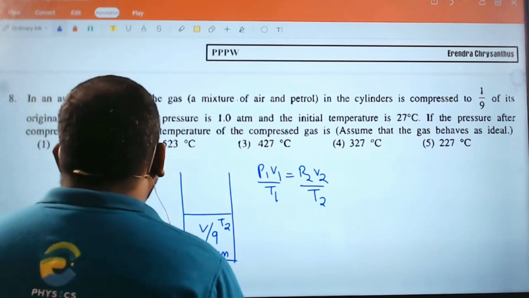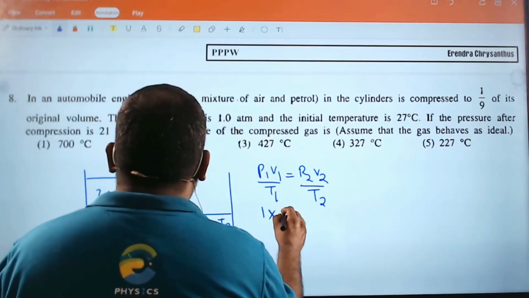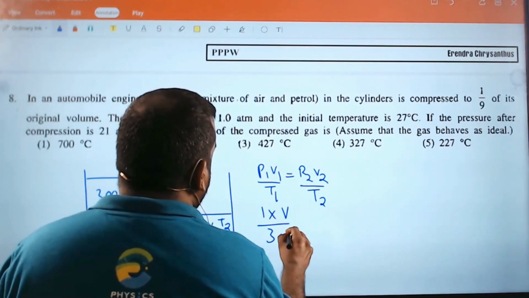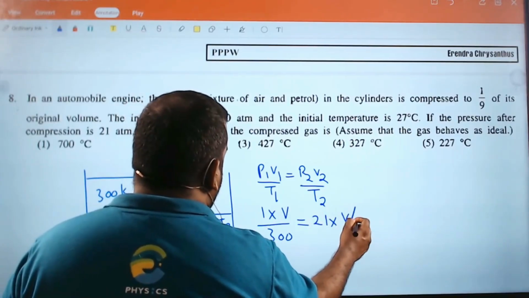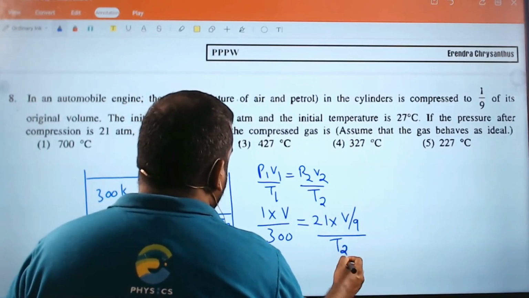So 1 times V over 300 equals 21 times V over 9 times T2.